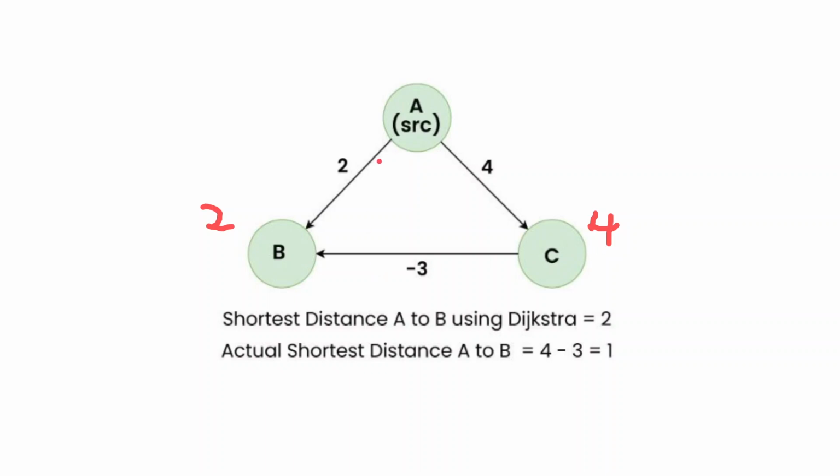Now, in Dijkstra, as this node is already visited, you select the next node which has the shortest distance from the source node, which is B. It has a value of 2 and this has a value of 4. 2 is the shortest, so you select B. If you check B, it doesn't have any neighbors.